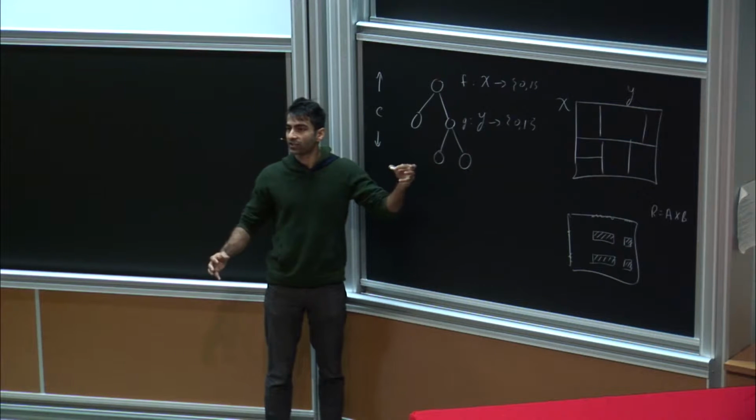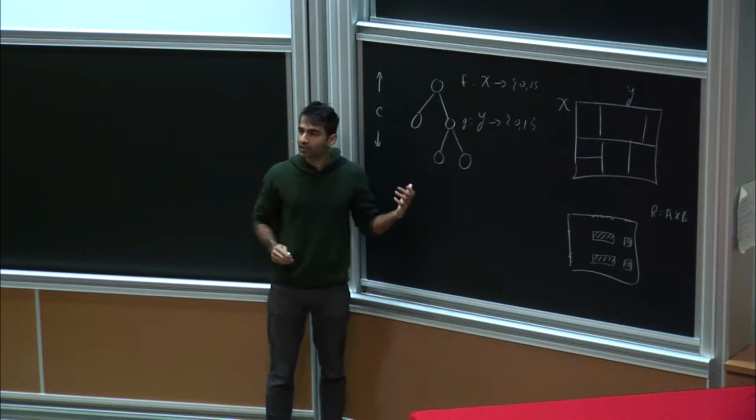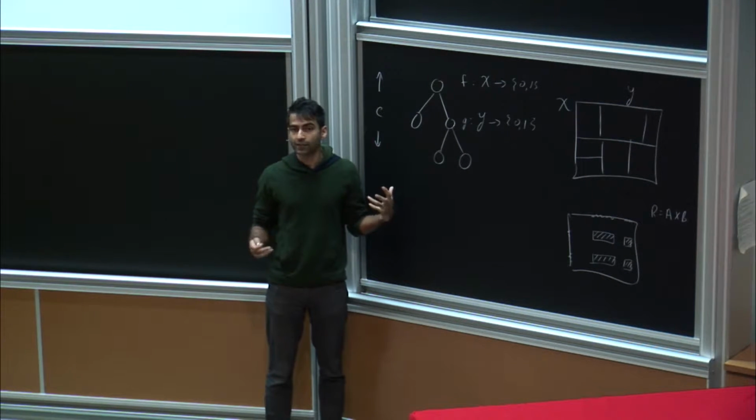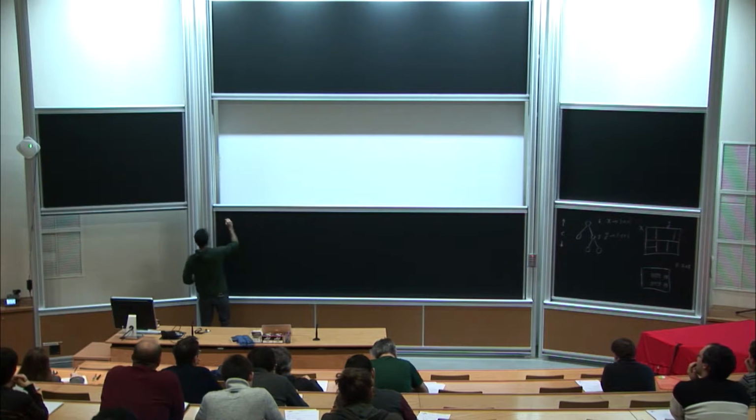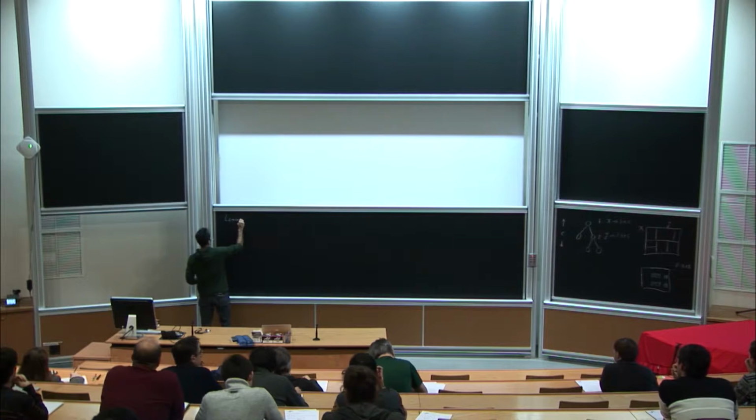A really unbalanced tree. And it turns out that if you have a really unbalanced tree, that tree can always be simulated, can always be rebalanced. So that's a lemma I want to prove now, or explain the proof now.